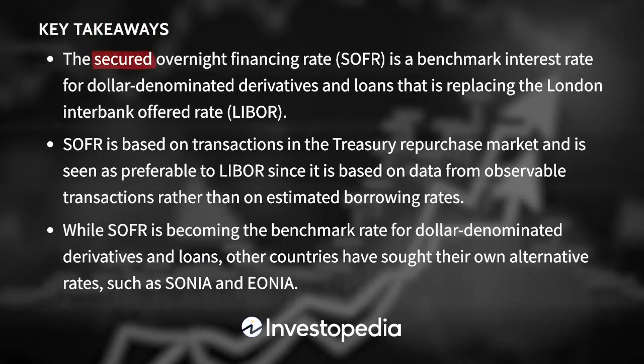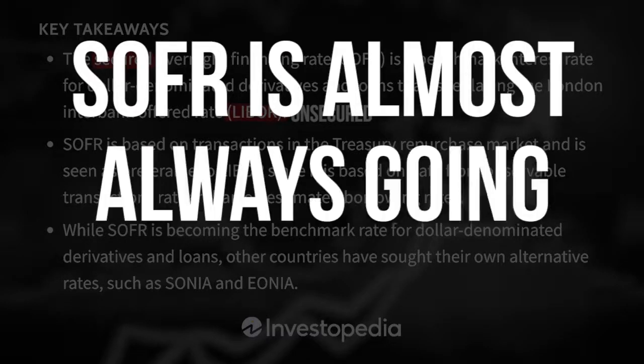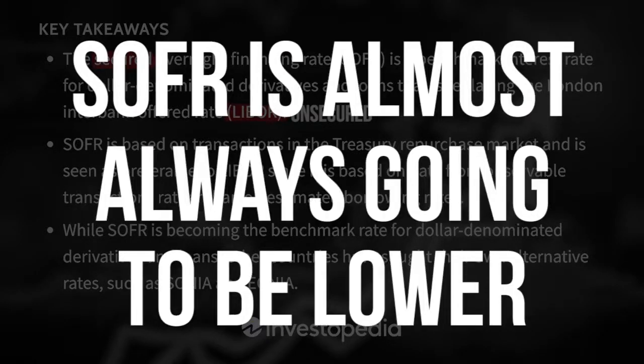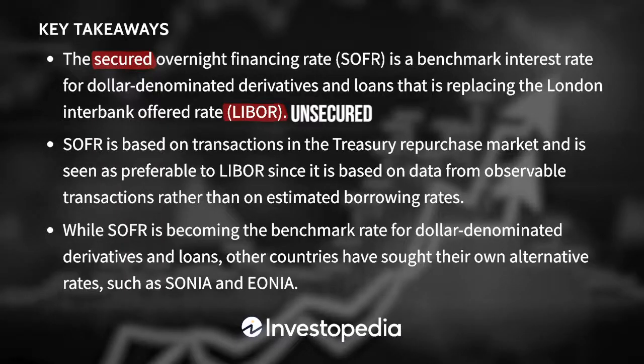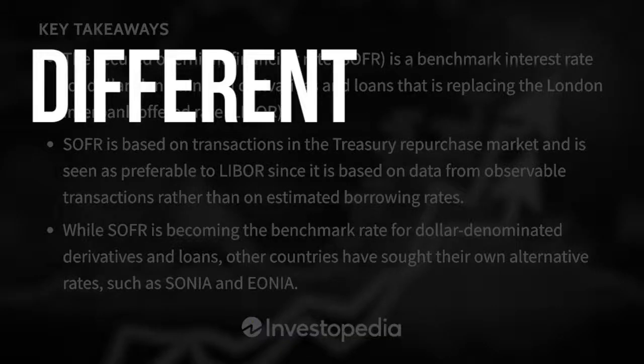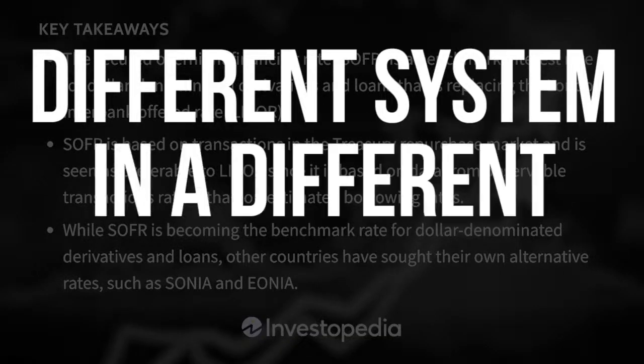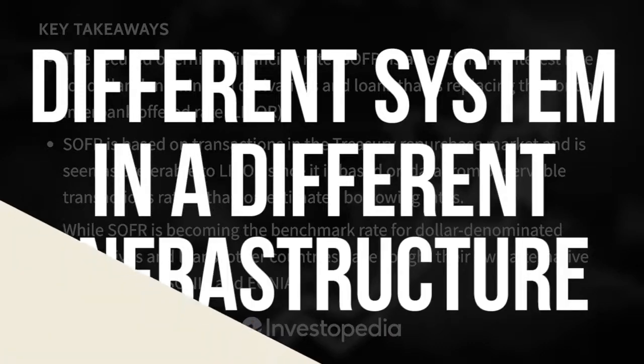So it's backed up by an asset, where LIBOR is unsecured. Therefore, SOFR is almost always going to be lower because it's backed up by collateral. It's not unsecured. Second is SOFR is based on transactions in the repo market. And third is other countries are going to use different ways to measure their benchmark interest rate. In other words, they're going to use a different system and a different infrastructure altogether.